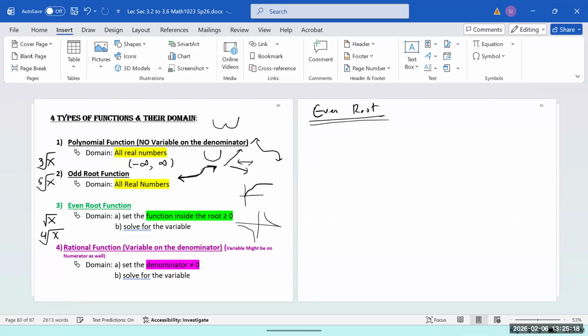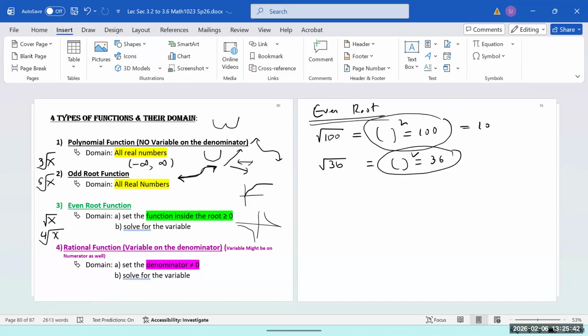Let's look at a few examples. What is square root of 100? It means what number when you square turns into 100? 10. What is square root of, let's say, 36? So what number when you square turns into 36? 6.